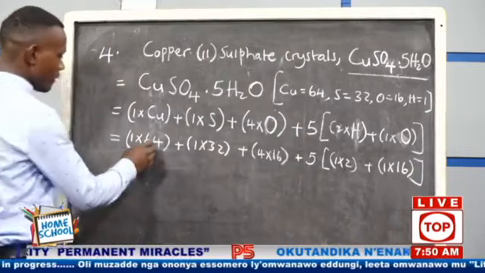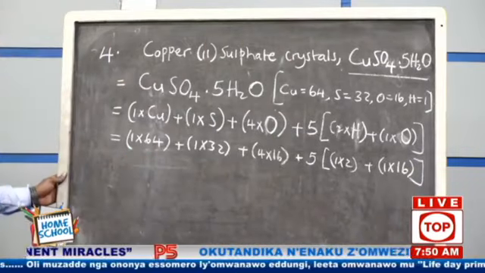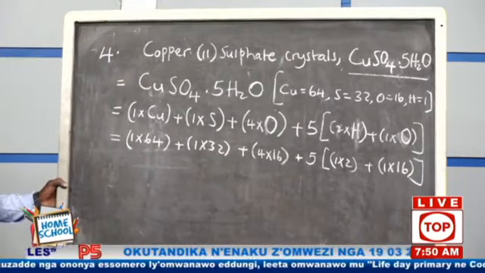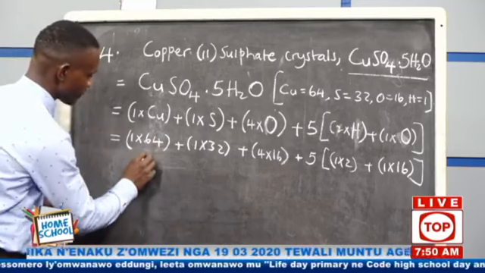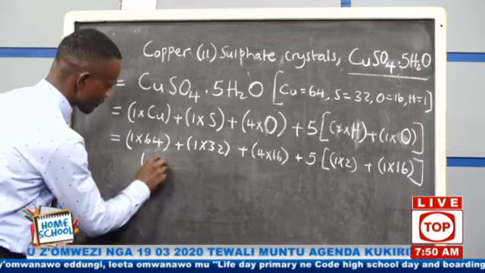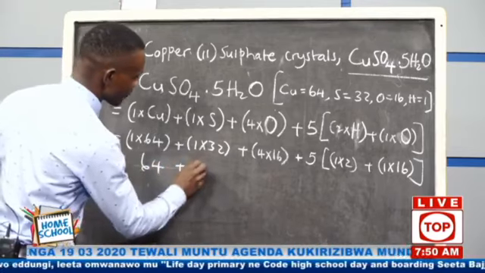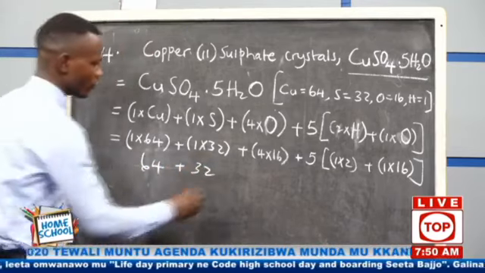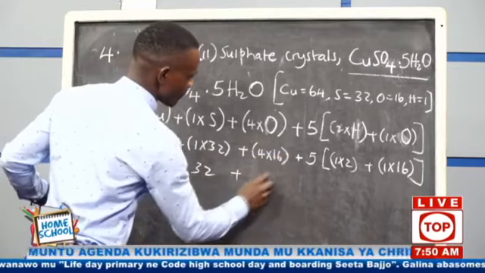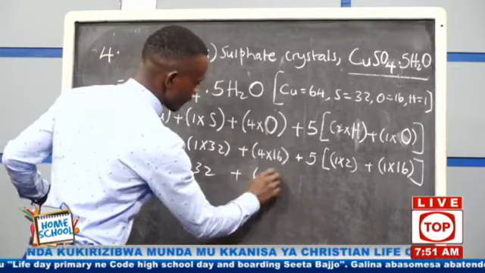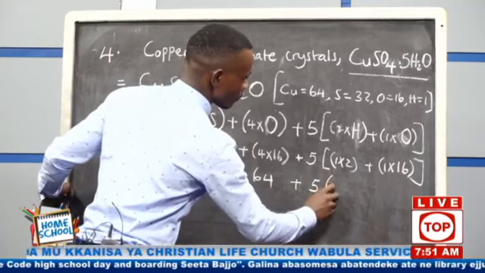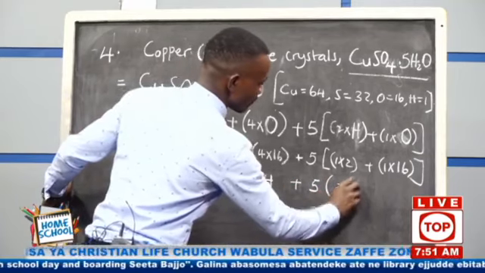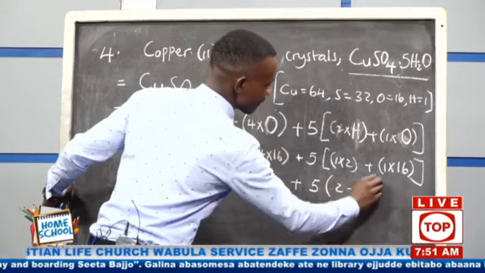Let us use our calculators very well. 1 times 64, we get 64, plus 1 times 32, get 32, plus 4 times 16, get 64, plus 5 into 2 plus 16.